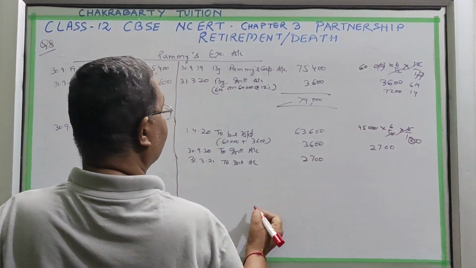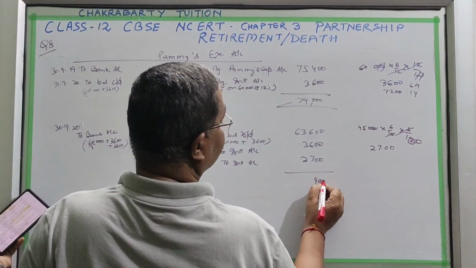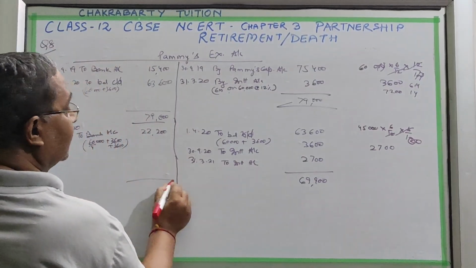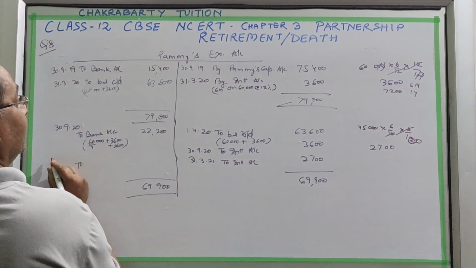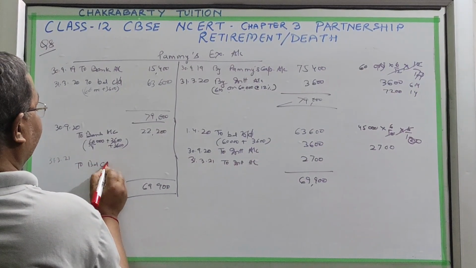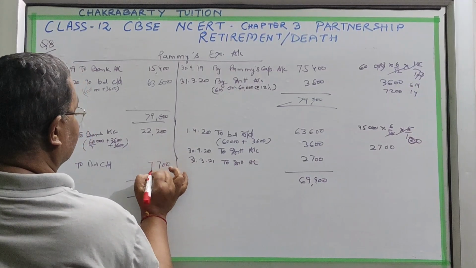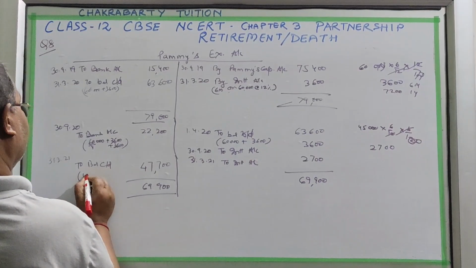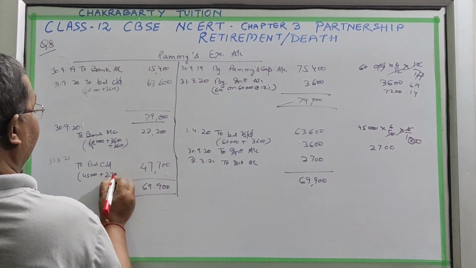Okay, so this side total is there. To balance carried down it should come to 47,700. How does it come? It is 45,000 balance plus 2,700 interest.